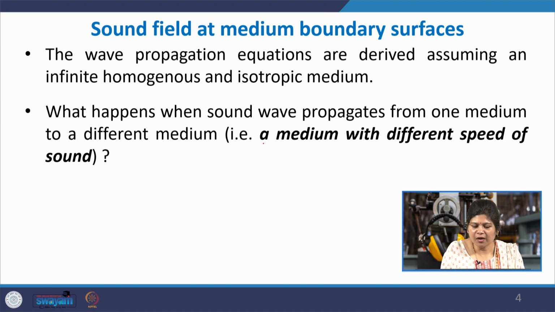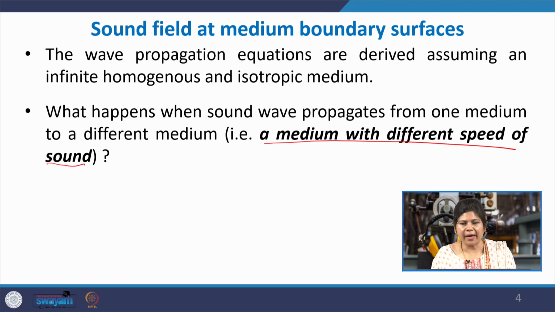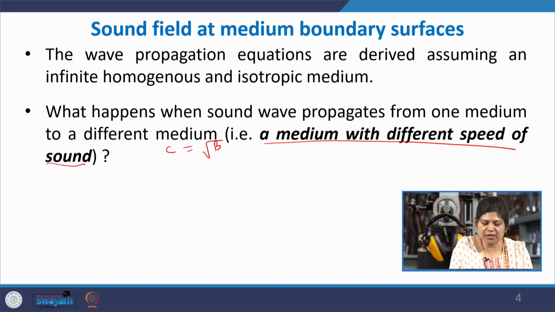A medium, in short, is a medium with a different speed of sound, and the speed of sound is given by c is equal to the square root of beta by rho, which means a medium having different beta and rho. It is very similar to light waves as electromagnetic waves encountering one medium to another medium having different speeds, where refraction takes place.